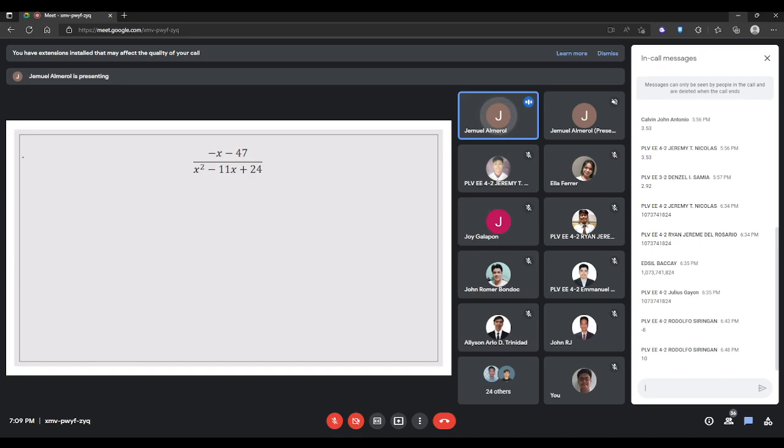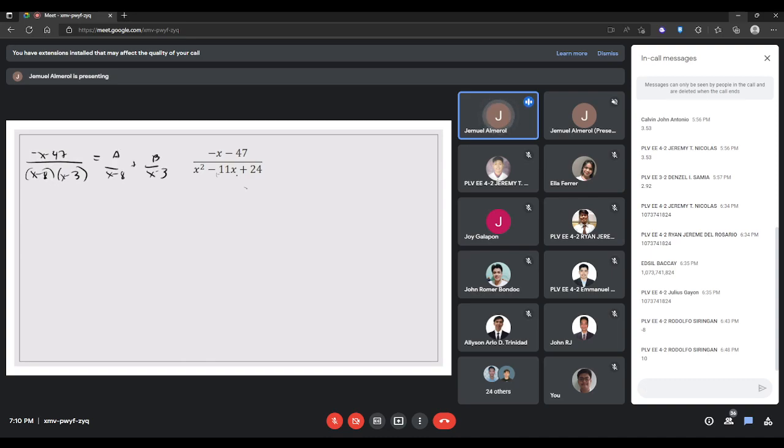Negative x minus 47 all over x squared minus 11x plus 24. So, ang factors niya hindi nakapactor. Factor out muna natin. So, negative x minus 47 all over feeling ko x minus 8 times x minus 3. No, positive, maging positive 24. Right? Tapos, negative 8 plus negative 3, negative 11. Okay? Which is equal to a over x minus 8 plus b over x minus 3.